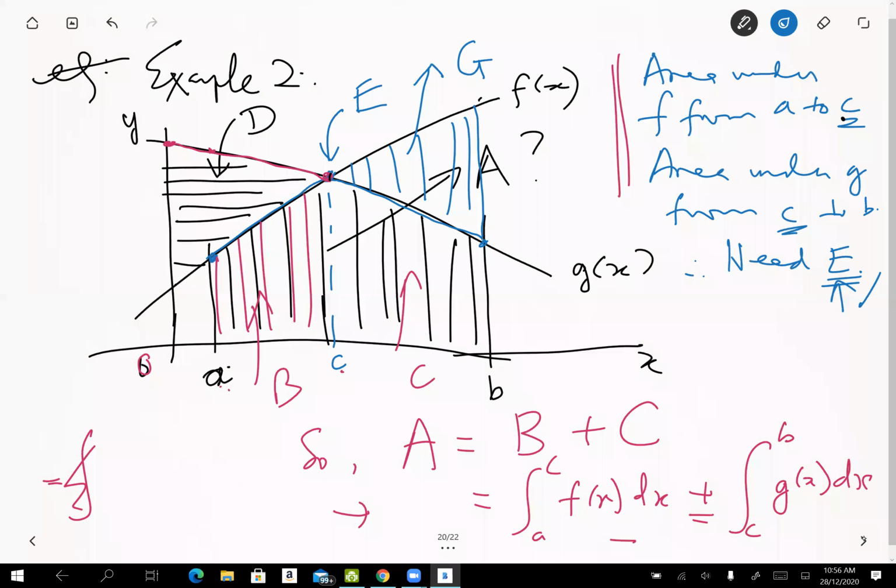Okay, this one, I want you to do it on your paper. I give you 2 minutes to get that area G. Okay, what is the area that you need?